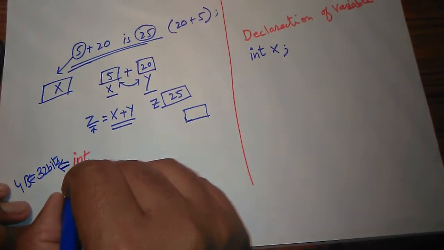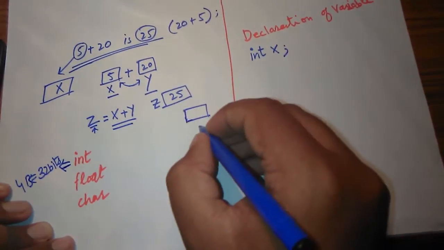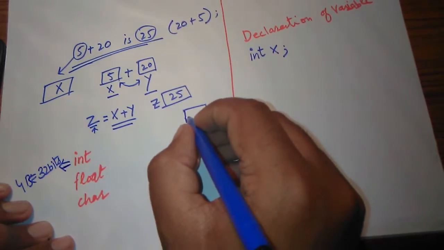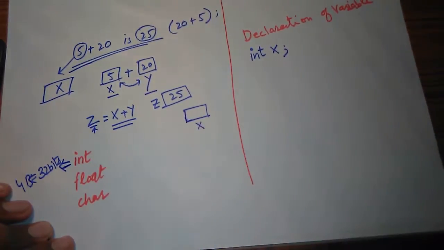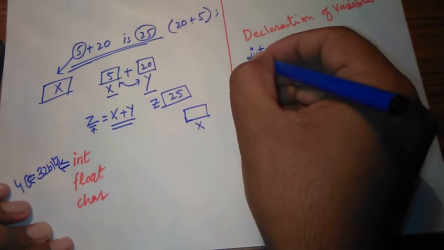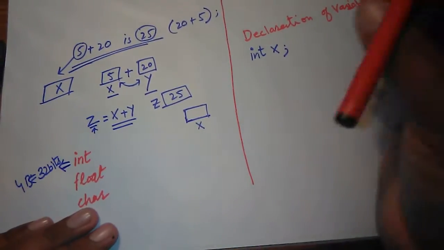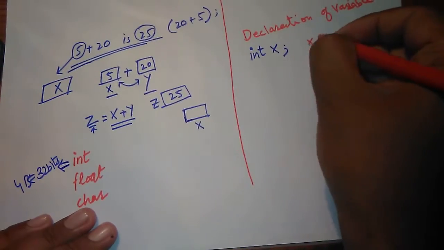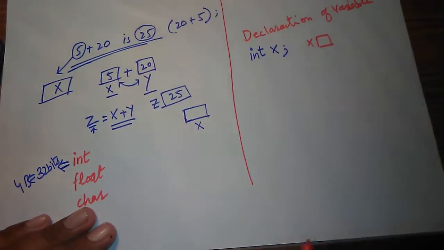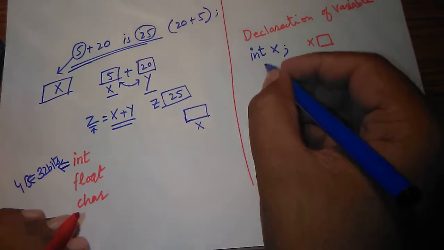This will take a place in RAM of 32 bits and create a variable. Simply, this statement does this. I'm going to show you in front: in RAM, one variable is created.